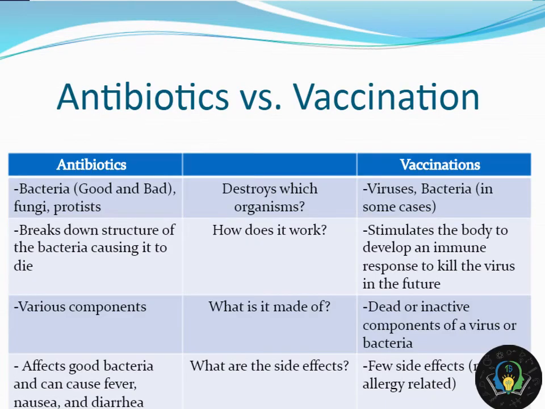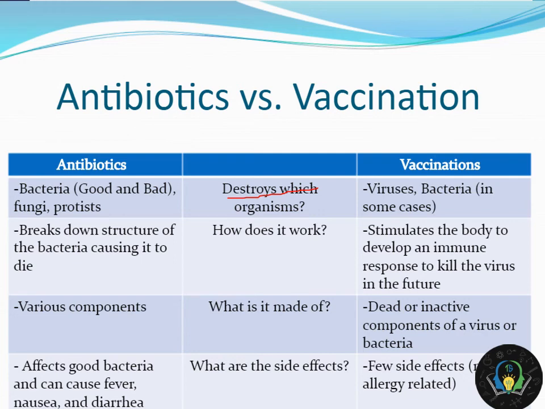So now the question comes: what is the difference between antibiotics and vaccine? Well, that is in front of you, as you can observe. The very first thing is which organisms are destroyed by antibiotics and vaccination.